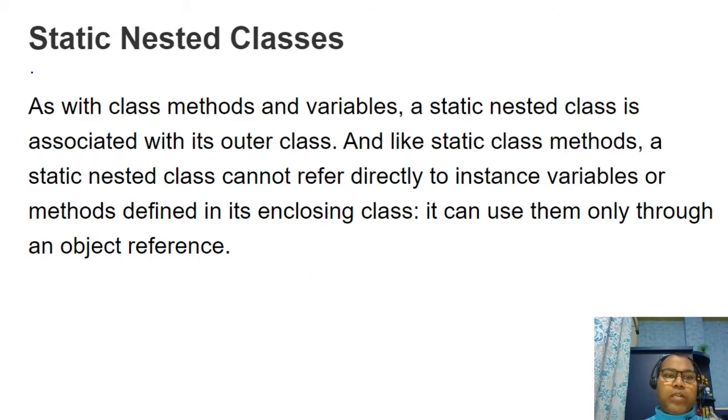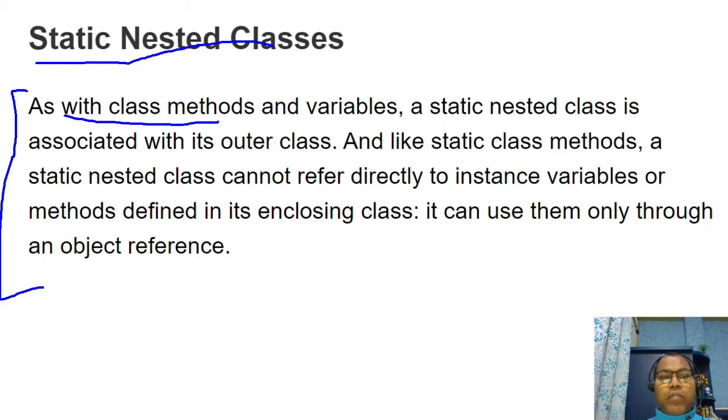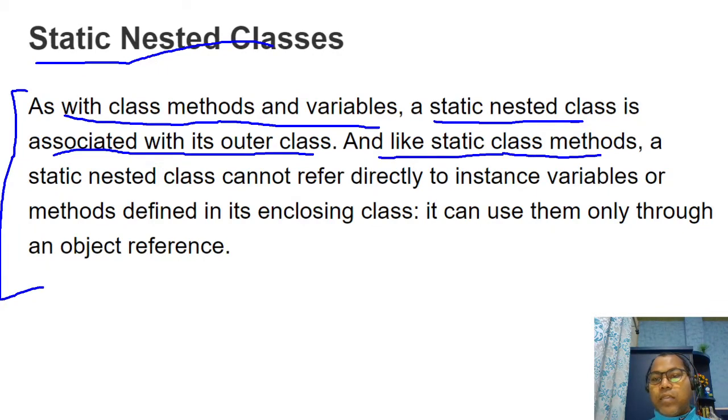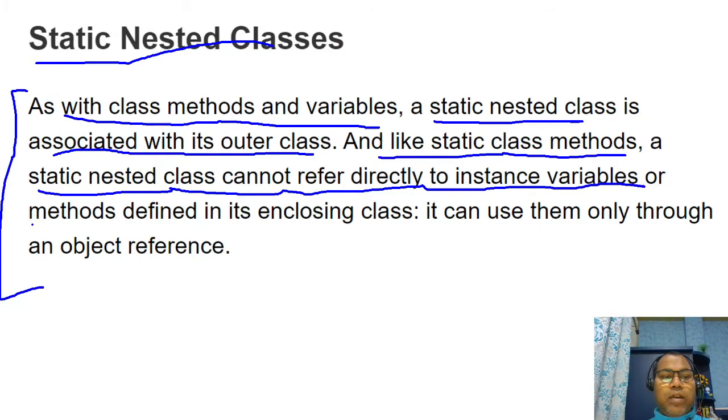One is the static nested classes, another is the inner classes. First we are discussing the static nested class. Like class methods and class variables, a static nested class is associated with its outer class, and like static class methods, a static nested class cannot refer directly to instance variables or methods defined in its enclosing class.